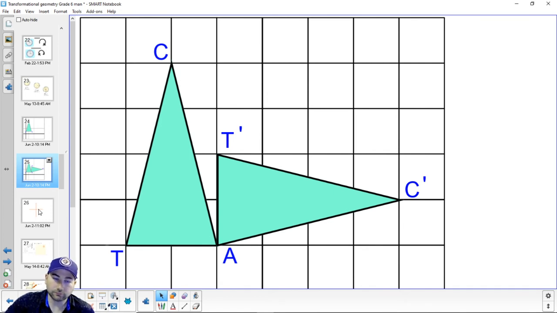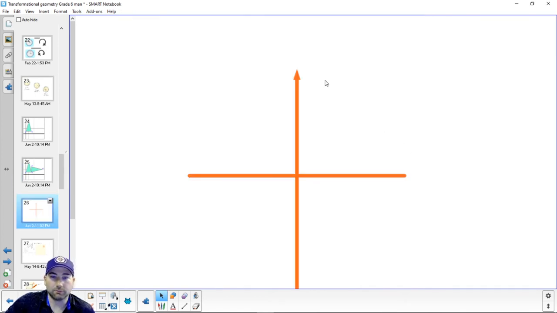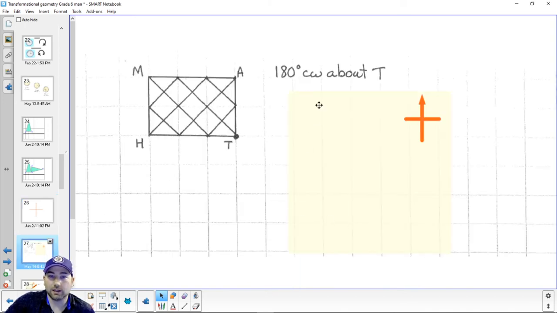Okay, so this is the same thing as a compass rose. It's the cardinal plane, north, south, east, and west, just to help with directions. Now rotating this polygon MATH 180 degrees clockwise about point T. So here is your vertex that you are going to rotate and do a half rotation.